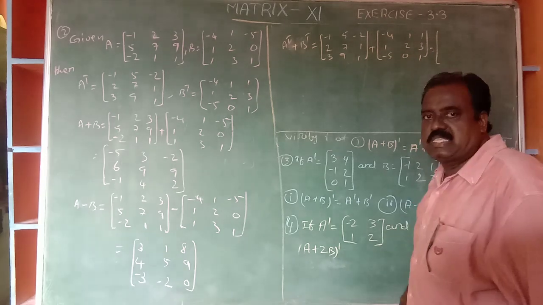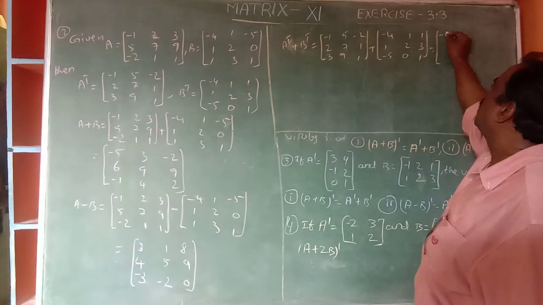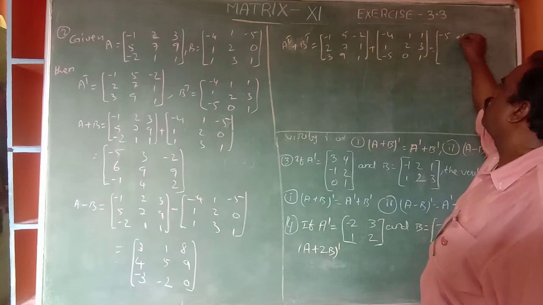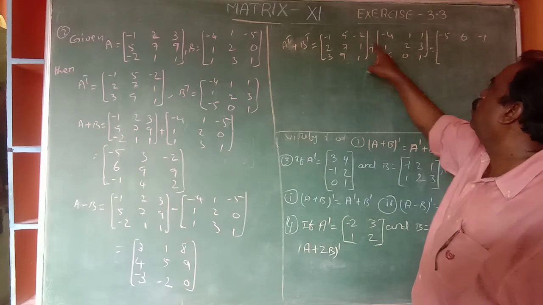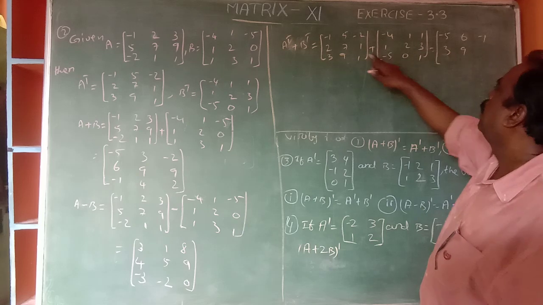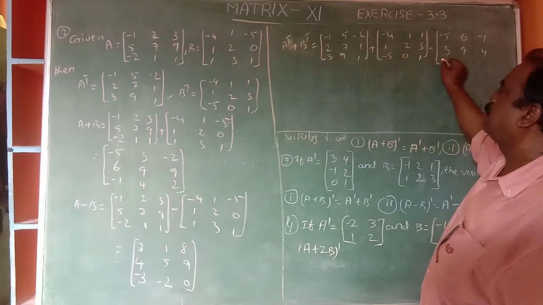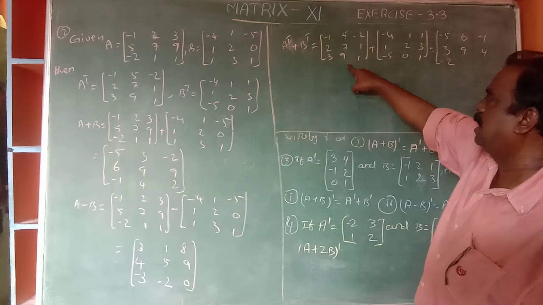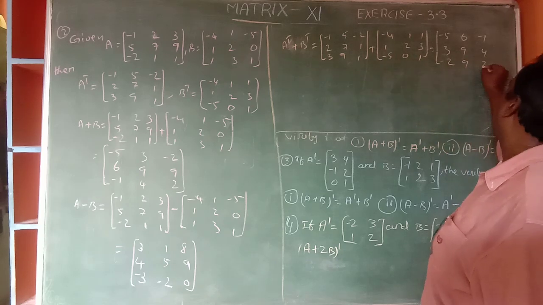What is its answer? Addition. Minus 1 plus minus 4, minus 5. 5 plus 1, 6. Minus 2 plus 1, minus 1. 2 plus 1, 3. 7 plus 2, 9. 1 plus 3, 4. 3 plus minus 5, 3 minus 5 is minus 2. 9 plus 0 is 9. 1 plus 1 is 2.